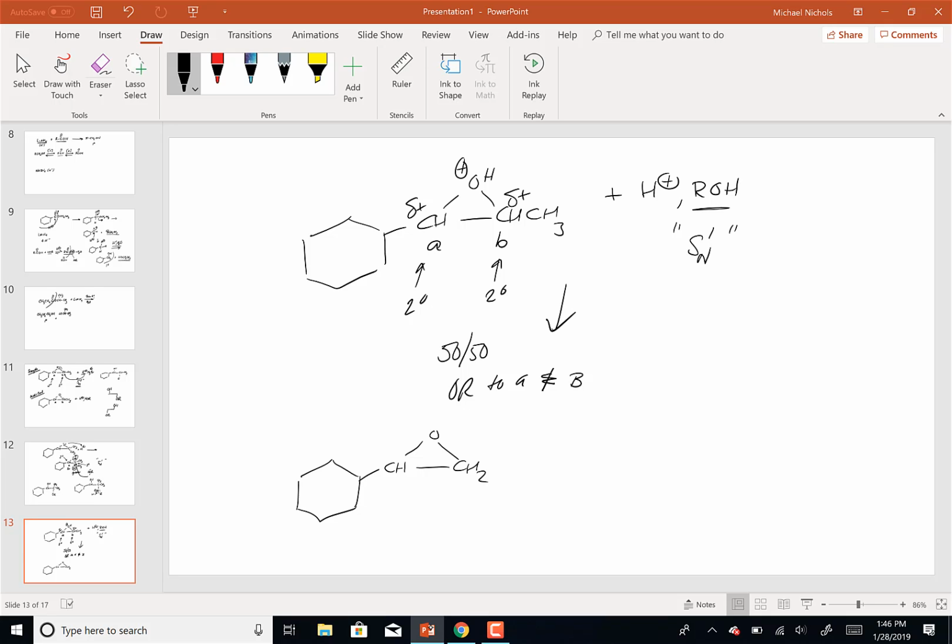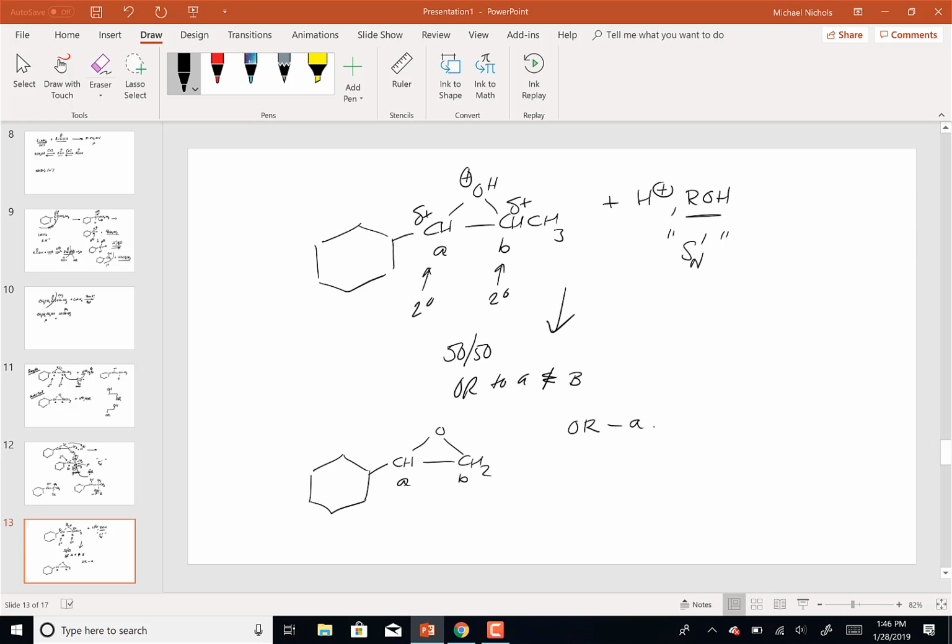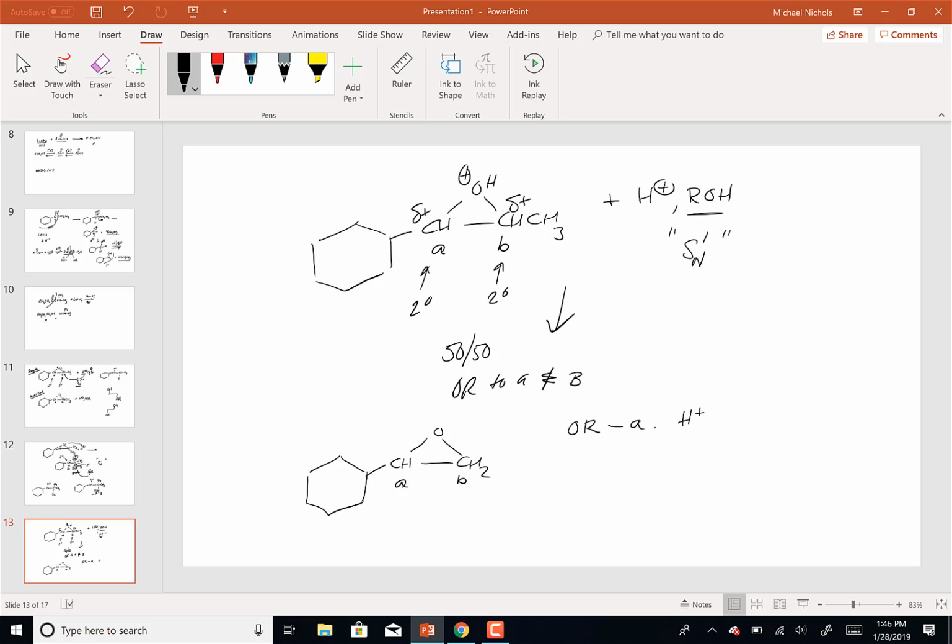But let's say I wanted to add an OR group to this epoxide, and I wanted to add the OR group to carbon A. I could use H plus and an alcohol to do that, because the H plus would protonate the oxygen, and then the ROH would attack carbon A, lose the H plus, and I've now added my OR to carbon A.